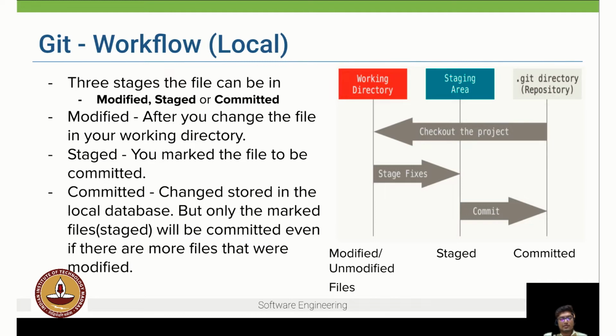Now, why do we have this staged concept? Suppose you have modified a lot of files, and some files are modified just for testing the new changes you are making, but you don't want to put those changes to your master branch. In that case, you will move to staged only those files that you want to check in.